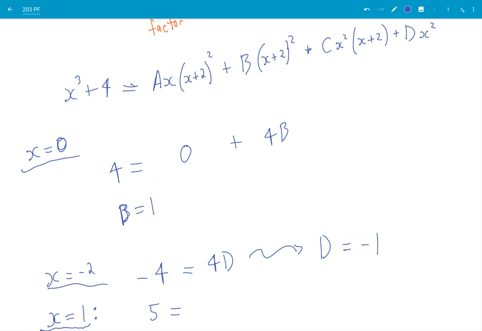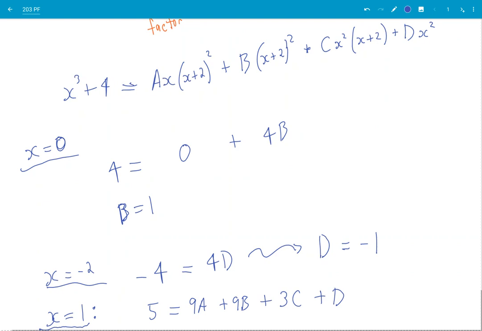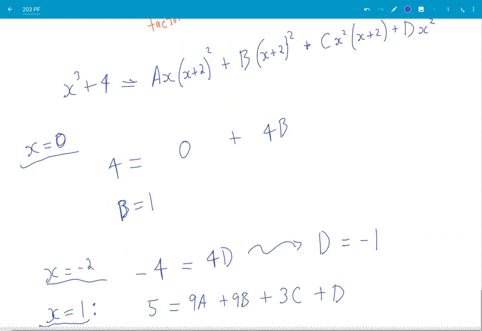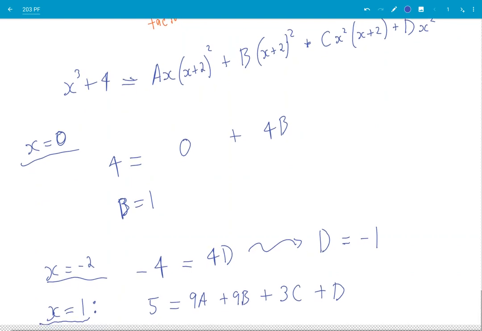So with x equal to 1, I get 1 times 9a plus 9b plus 3c plus d. Okay, and I have b and d from above.